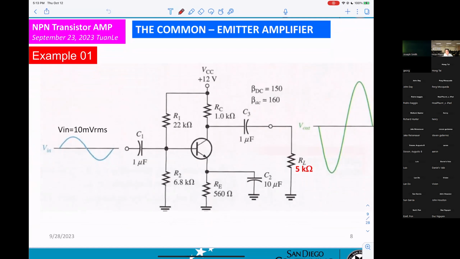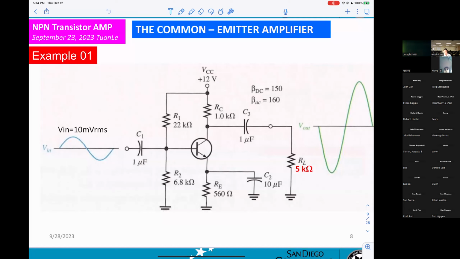If you look at this circuitry, basically they draw DC, that normally you will see. So you get a sine wave, only 10 millivolt applied to the common emitter.